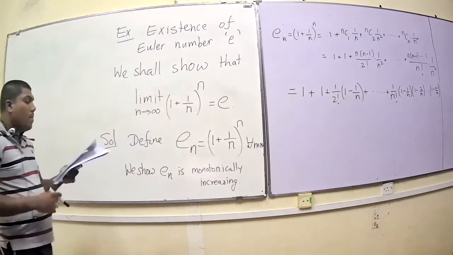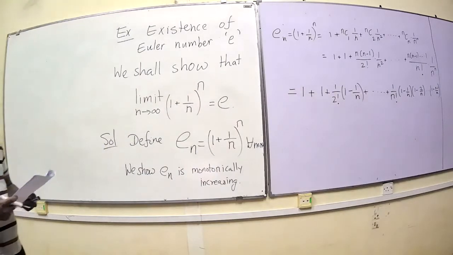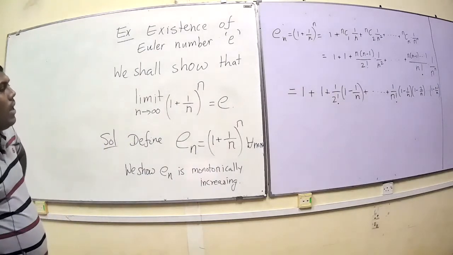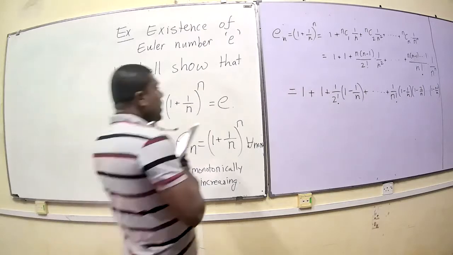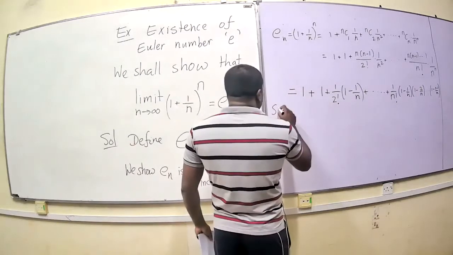Right, so if you divide by n, you get 1 plus 1 plus 1 upon 2 factorial into that, and so on.